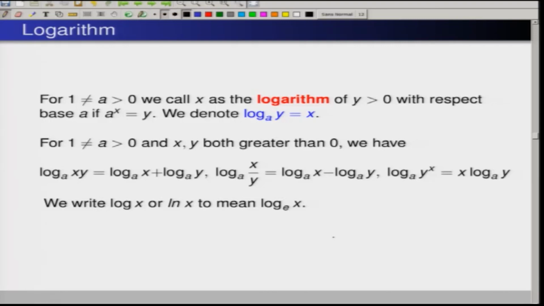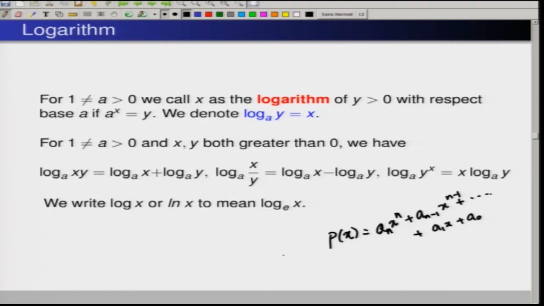Similarly, from algebra we can define the polynomial a_n x to the power n plus a_(n-1) x to the power n minus 1 plus dot dot dot plus a_1 x plus a_0, because addition of two functions is a function and multiplication by a scalar is a function.